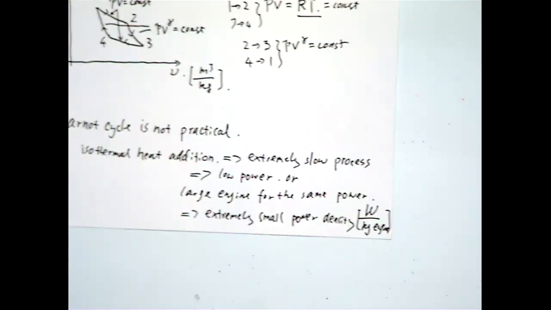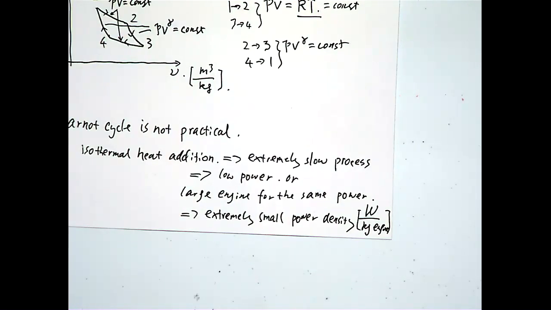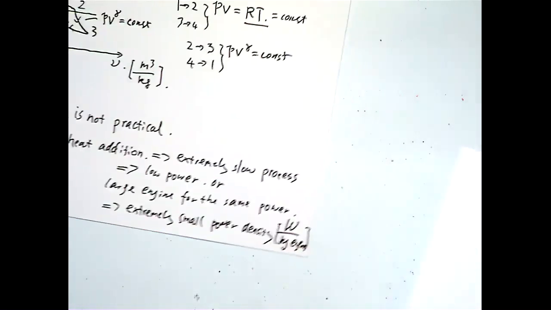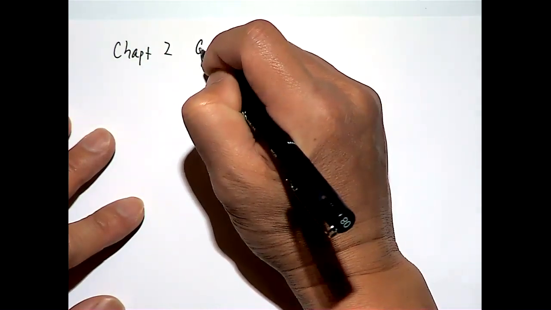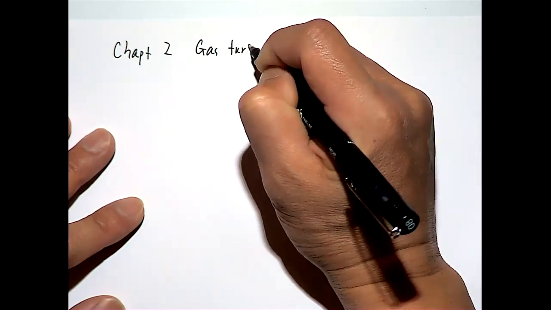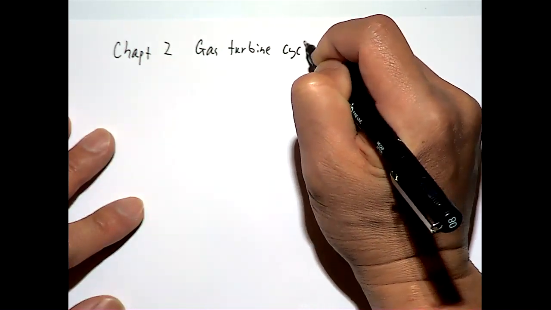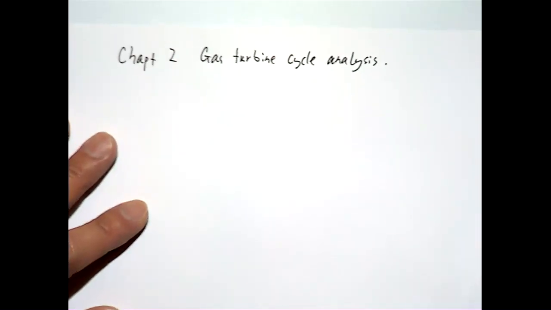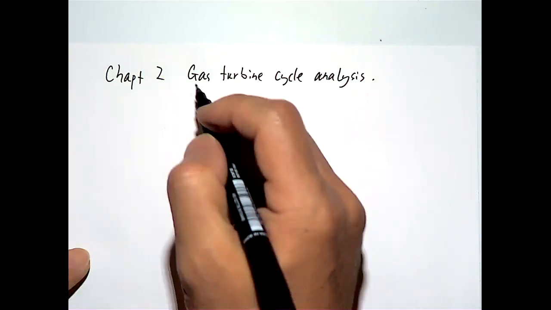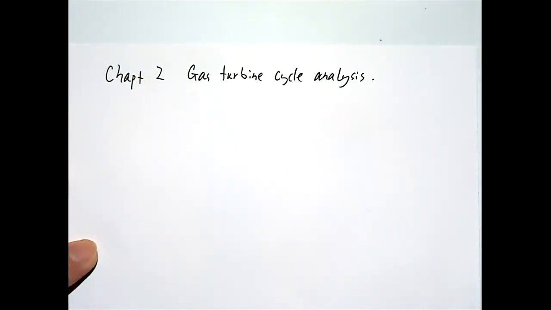We got 5 minutes. Let's get started quickly on chapter 2, which is gas turbine engine. So a gas turbine is one type of combustion engine.